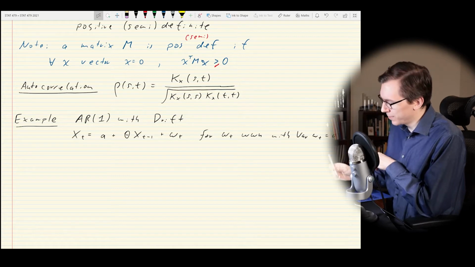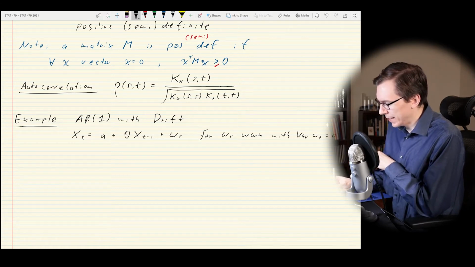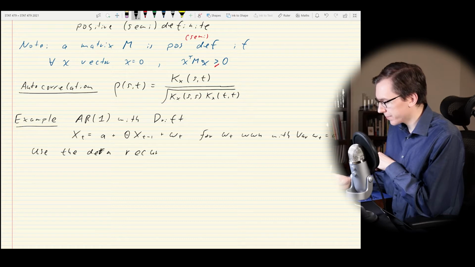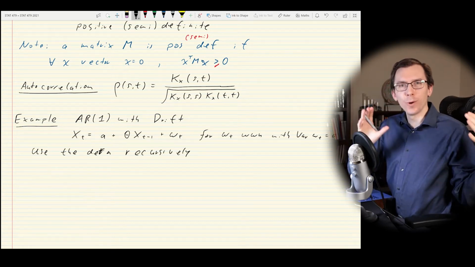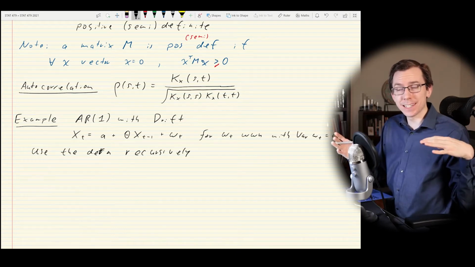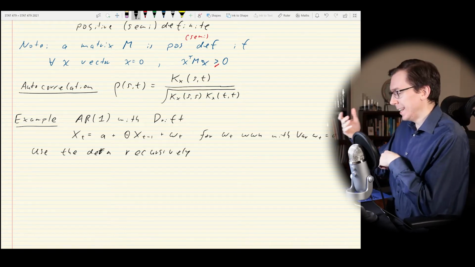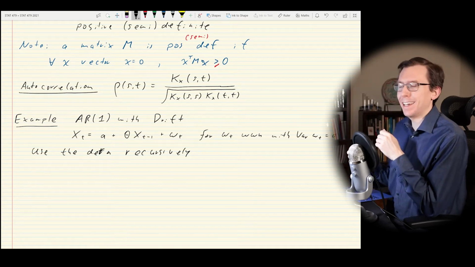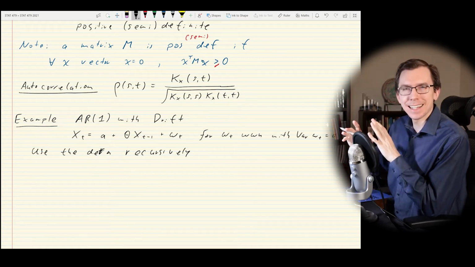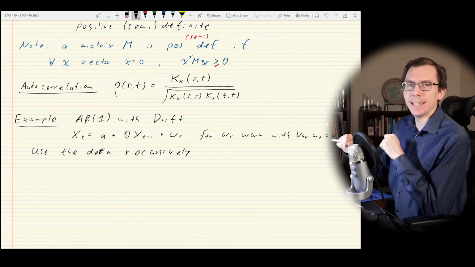Anyway, like we did last time, we can again use the definition recursively, much like we did in the last lecture when we were trying to write the AR1 process as a linear process. Now what we're going to do is this recursively and use it to, first of all, write it as a linear process, but then also be able to estimate two things.